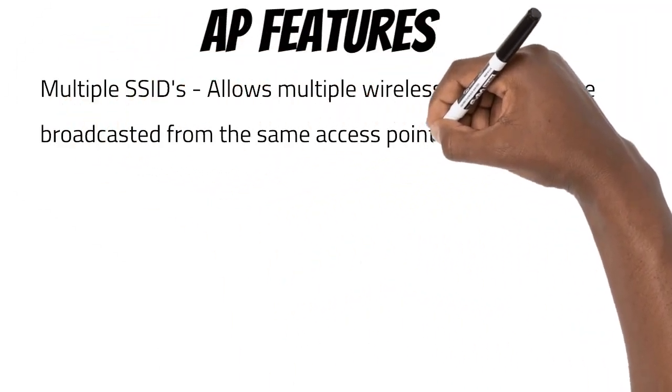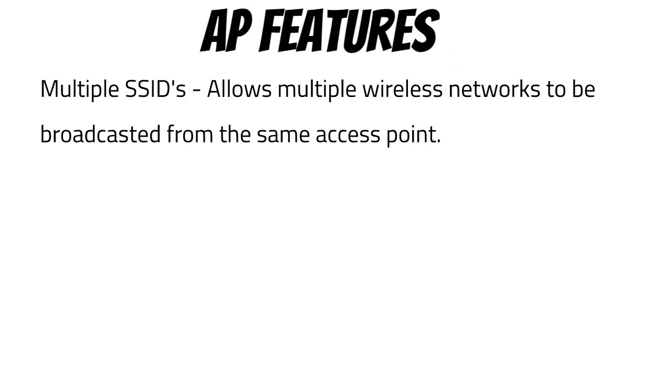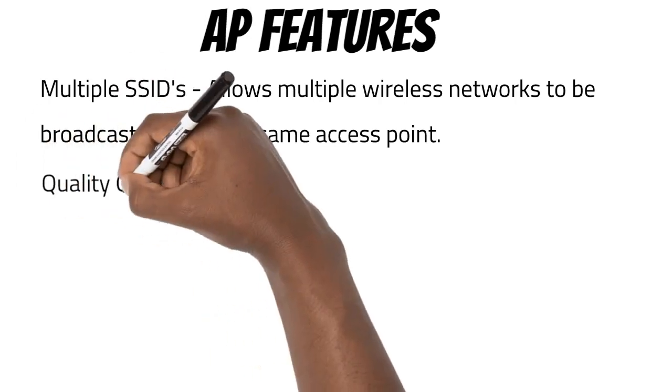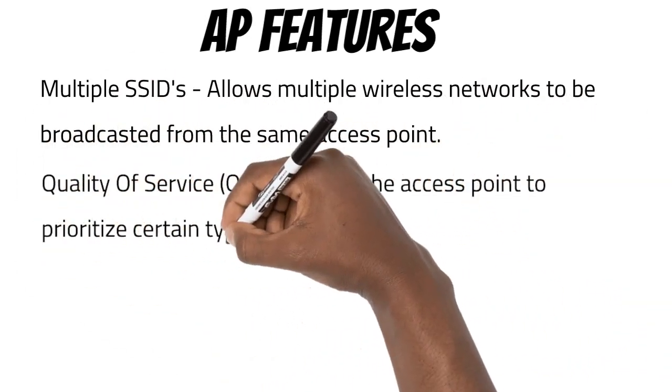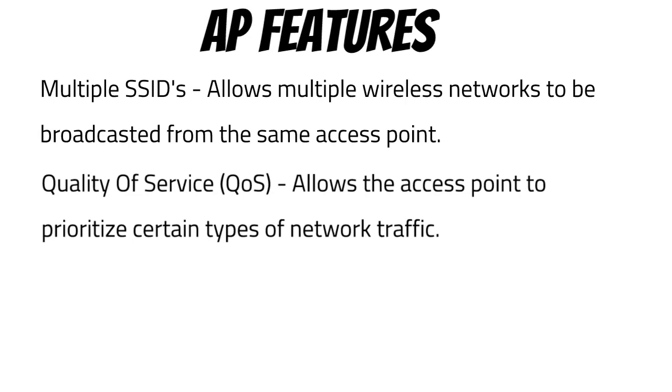These enterprise level access points allow you to have multiple wireless networks broadcasted from the same access point. Then you've got quality of service. It allows you to prioritize certain types of network traffic. Just like on a wired network, these APs are able to implement QoS policies on certain types of network traffic.